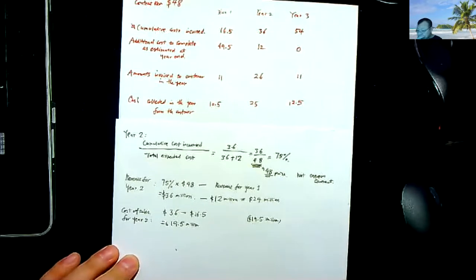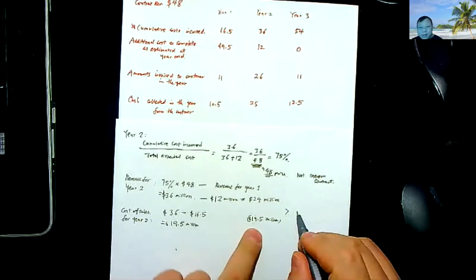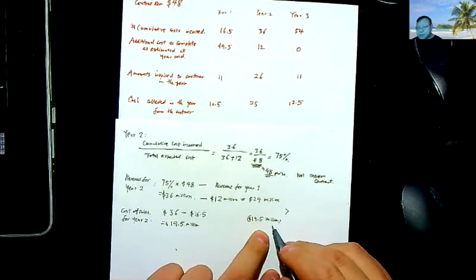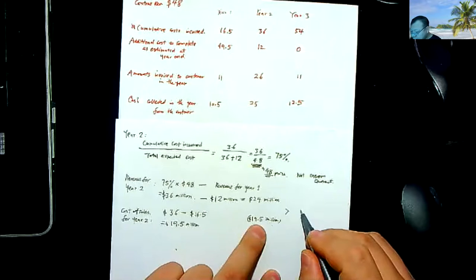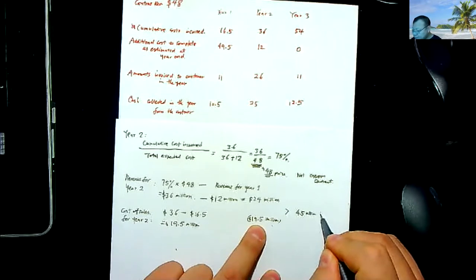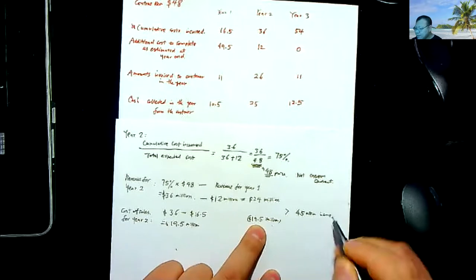Okay. So now you have 24 minus 19.5, so you have a 4.5 million income, right?